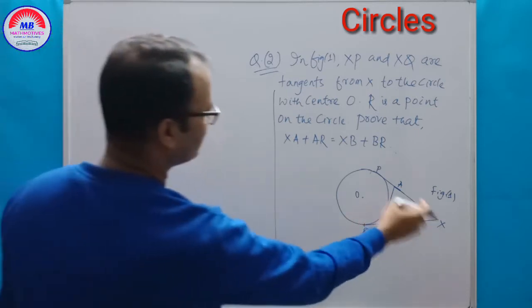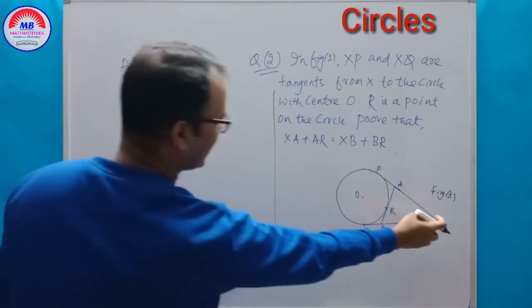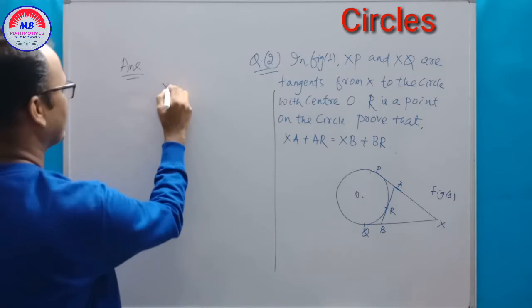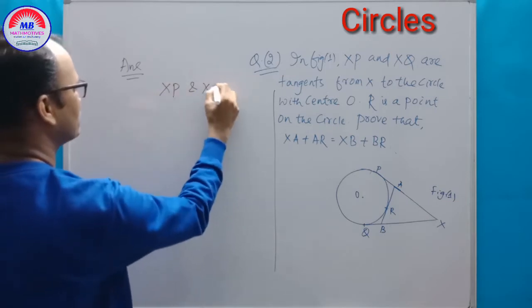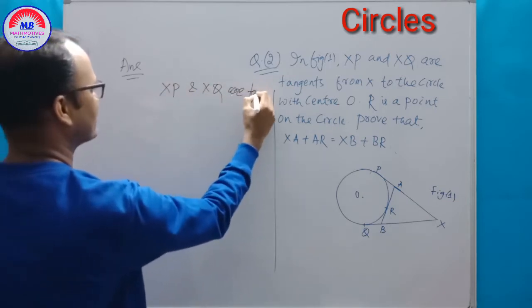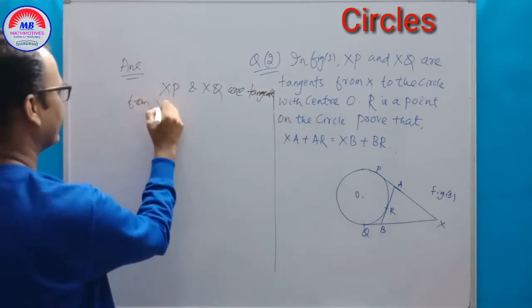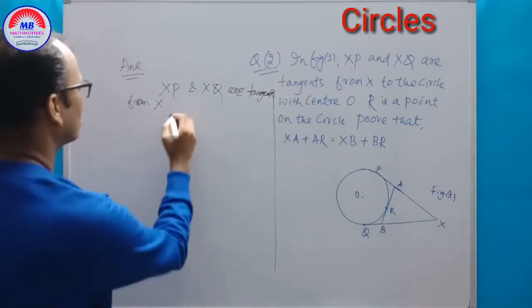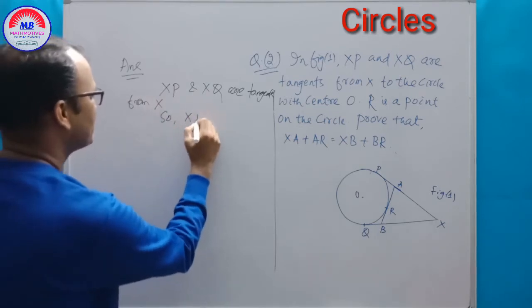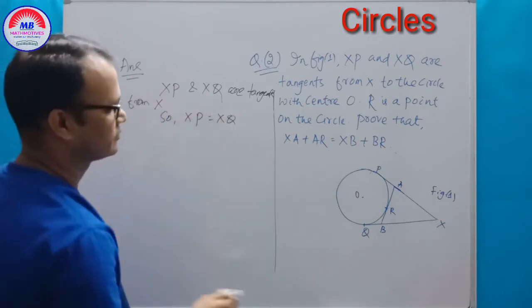Here in the figure you see XP and XQ are tangents from X. So XP is equal to XQ.